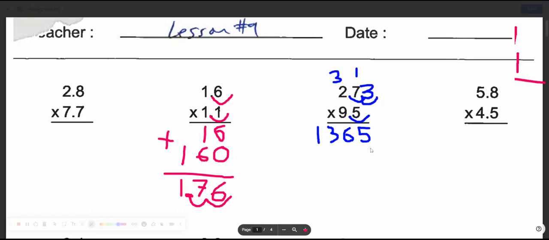Down at the 5, need a placeholder. And I'll cancel these off because I don't need them anymore. 9 times 7, 63. Carry the 6. 9 times 2, 18 plus 6, 24.